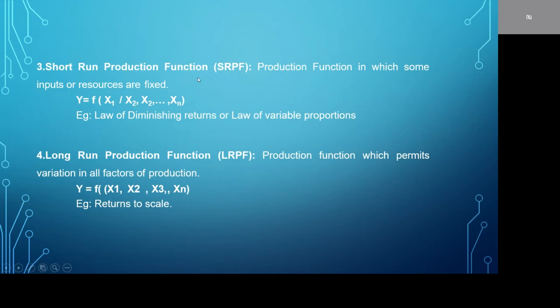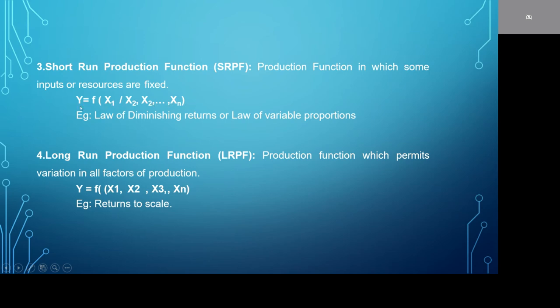Third one is the short run production function. In this, some inputs are fixed and some inputs are variable. Whereas x1 is the variable and x2, x3, xn are the constant.